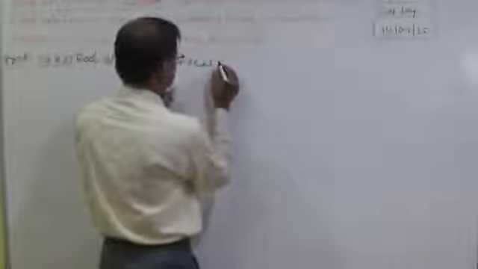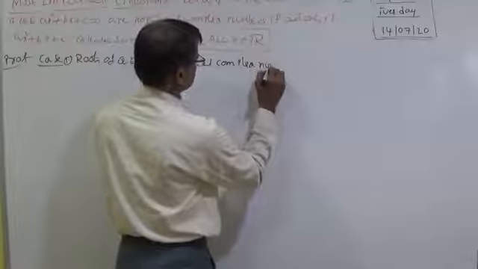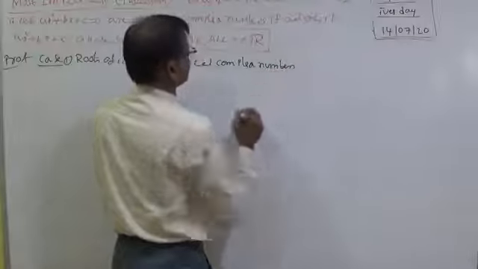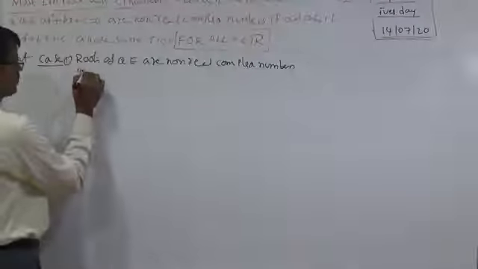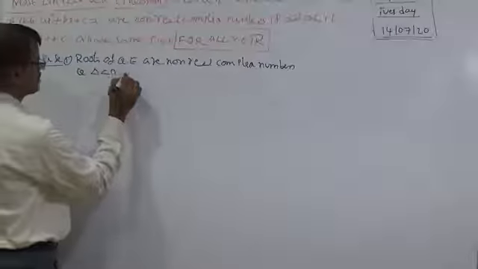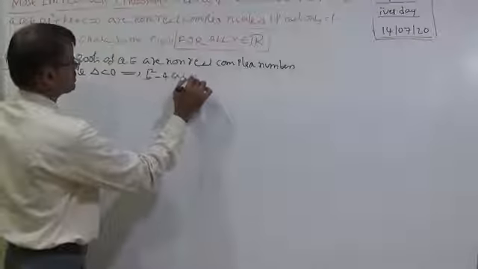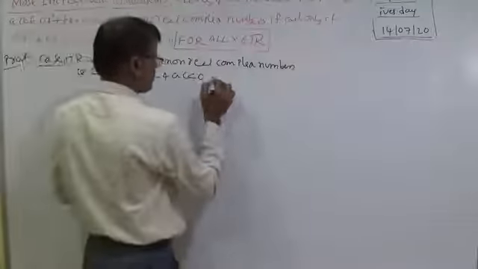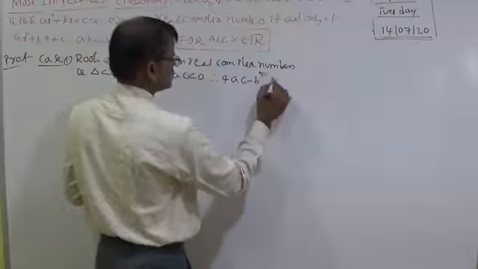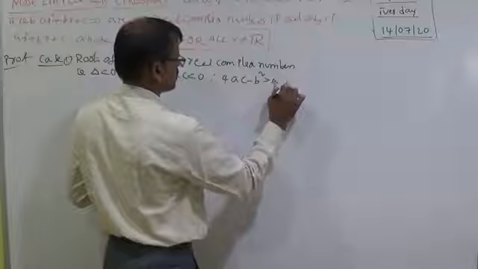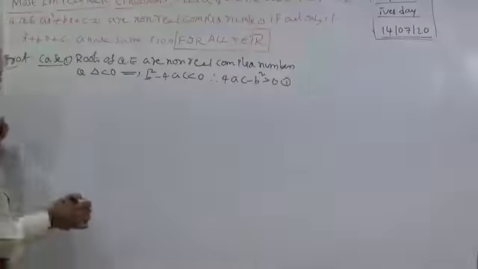Imaginary roots, non-real complex numbers. That means you can write 4ac minus b square greater than 0. Put here 1, this will be useful later.